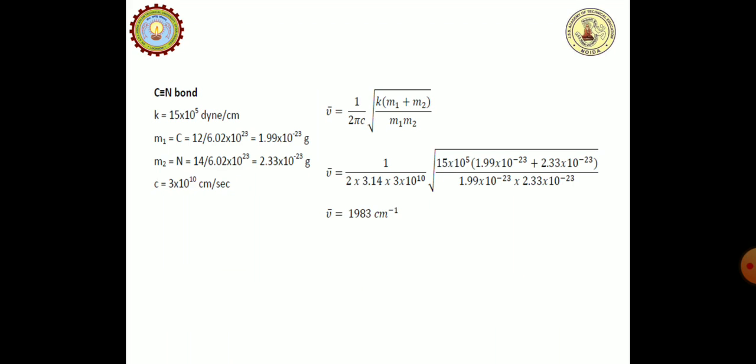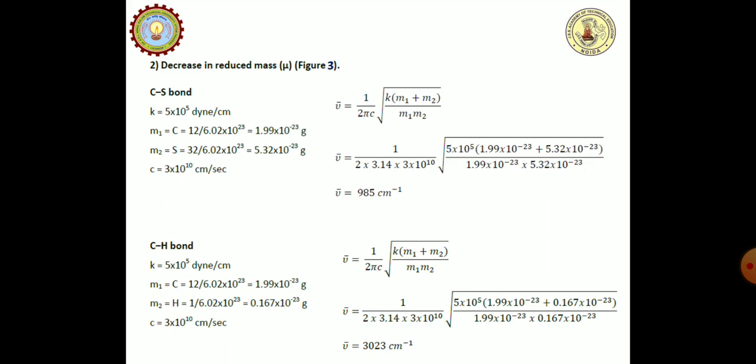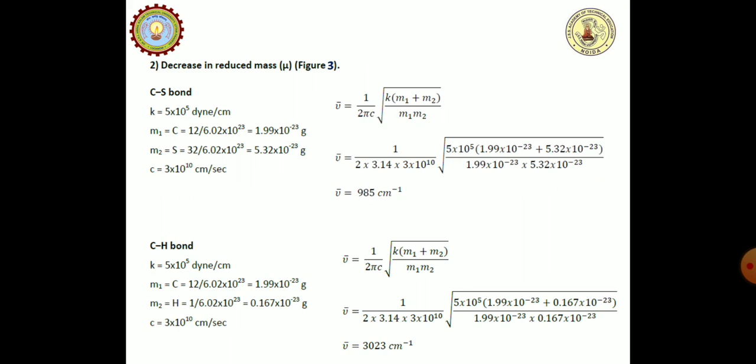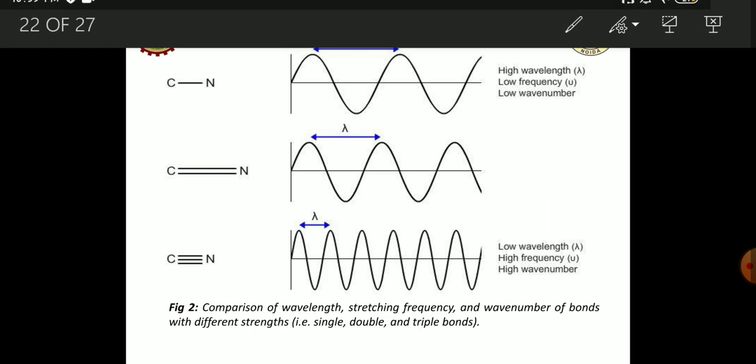We can observe from figure 2, a comparison of wavelength, stretching frequency and wave number of bonds with different bond strength. Here the wavelength means the distance between two consecutive crest or trough.